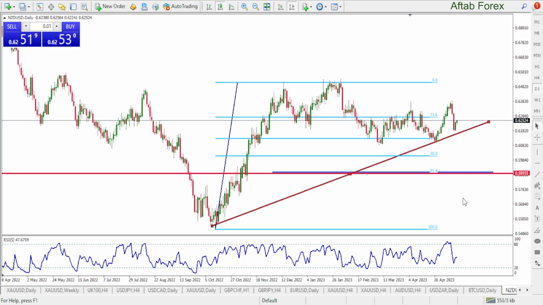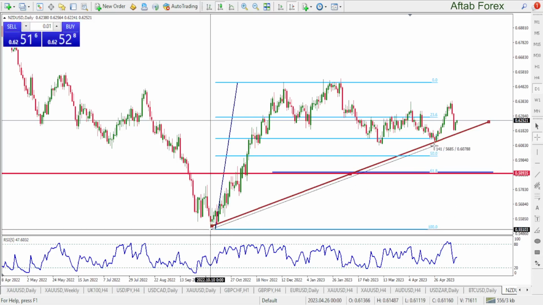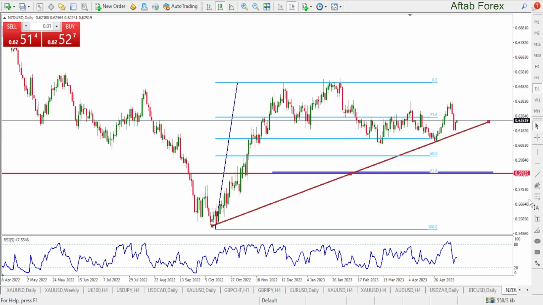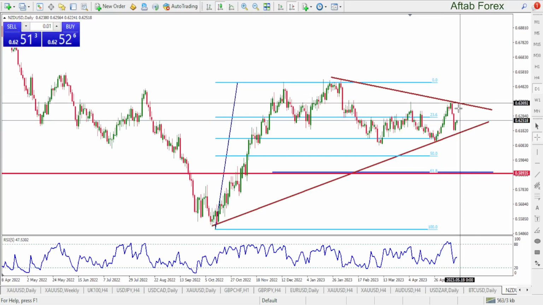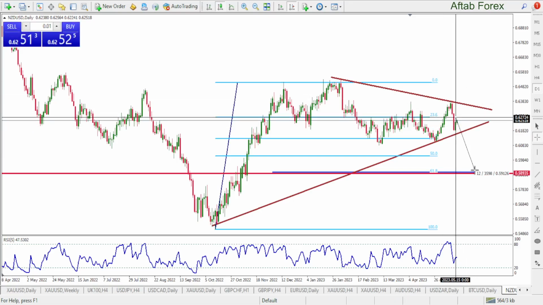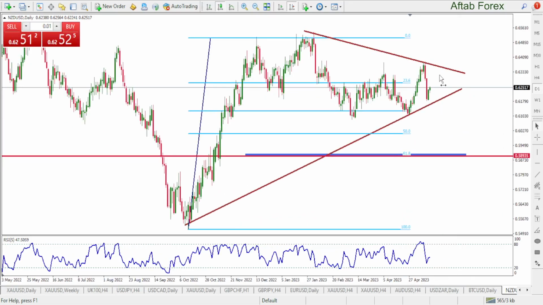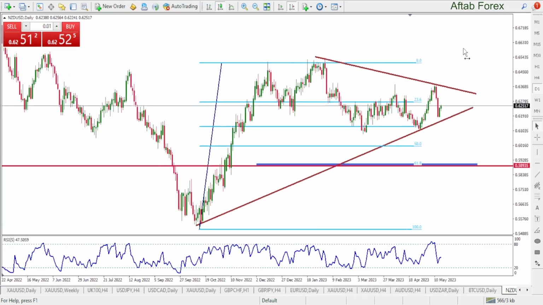So this is the first thing I do: I find the trend, and you must have heard that trend is your friend. As per the daily time frame, even if I connect these lines, you can clearly see a triangle right here, which may break to the top or to the bottom. That I will discuss later.